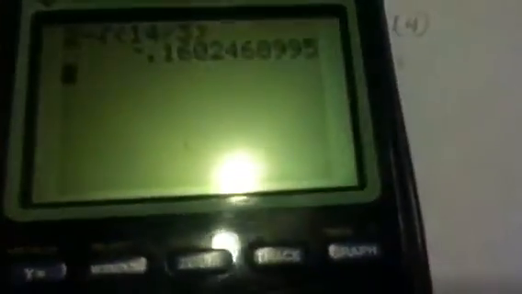And if we plug that into our calculator, 2 minus the square root of 14 over 3 equals negative 0.16. So it'll be negative 0.16, 0.